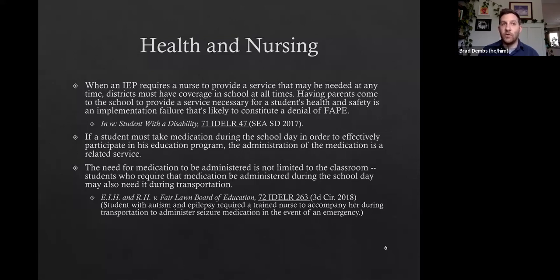And that could be to and from school on a daily basis, that could be on field trips, anytime when the student might need to take their medication. Or if it's an emergency medication, then they may need to have someone on standby at all times.